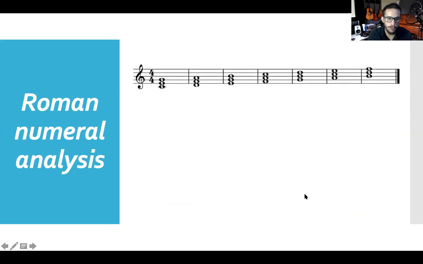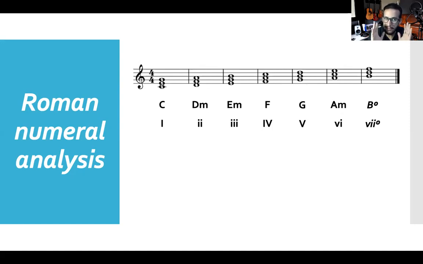Continuing with this Roman numeral analysis, here you have the triads of the major scale. Again, we have all the triads that are formed from every note of the major scale, C, D, E, F, G, A, and B. If we form them, you will know, and not only you will know, it's like a rule.